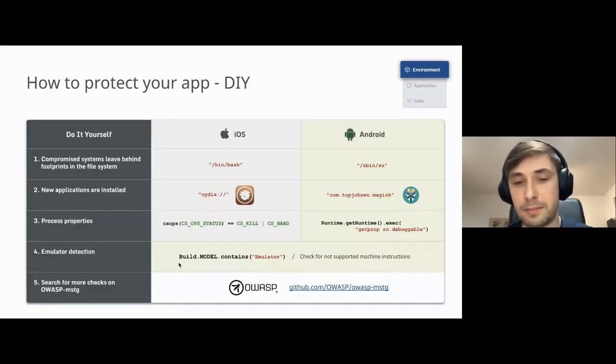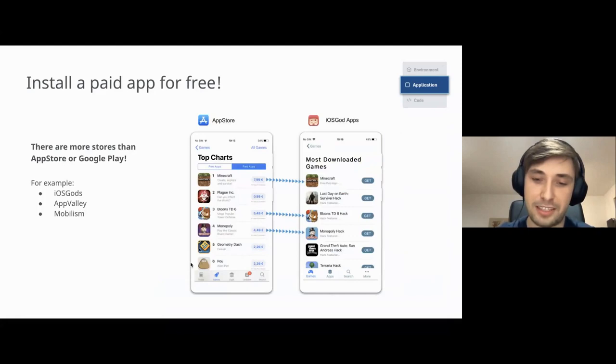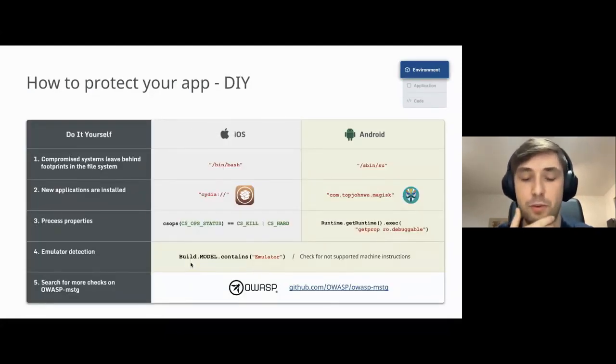So we can, for example, ask the Android SDK what's the name of the device we are running on right now. So we can use Build.MODEL for it, and if the name contains an emulator string, it means that we are probably running on an emulator.